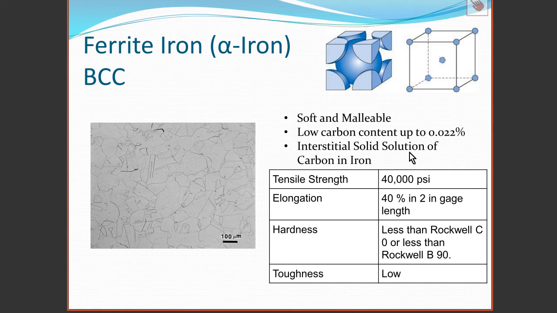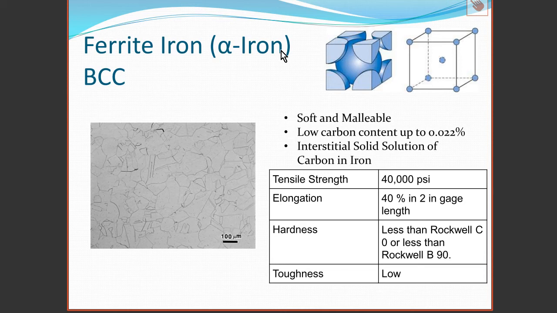Again, it's an interstitial solid solution, and the reason for the change is because the iron changes as we lower the temperature from a face-centered cubic structure to a body-centered cubic structure.